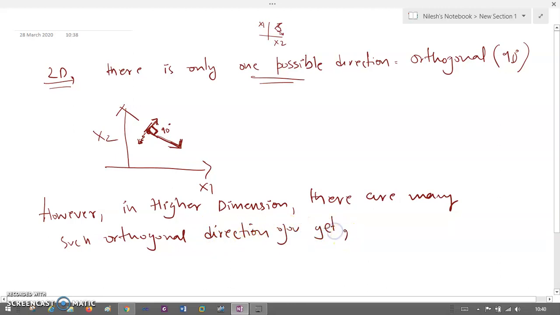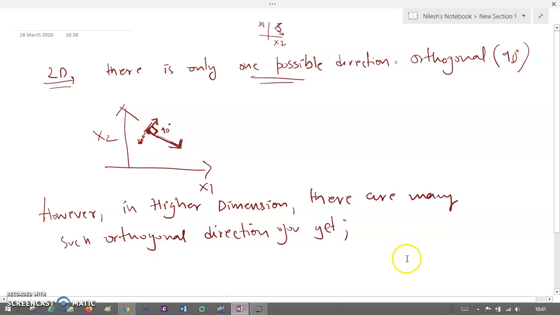Okay, so not only two, but you can get as many orthogonal directions as you want when you are working with higher dimensions. So it depends on you what kind of principal components you will take from those many orthogonal components. You can take as many principal components as you want from these orthogonal directions, but here in this lecture I am taking two principal components for my two dimensions.